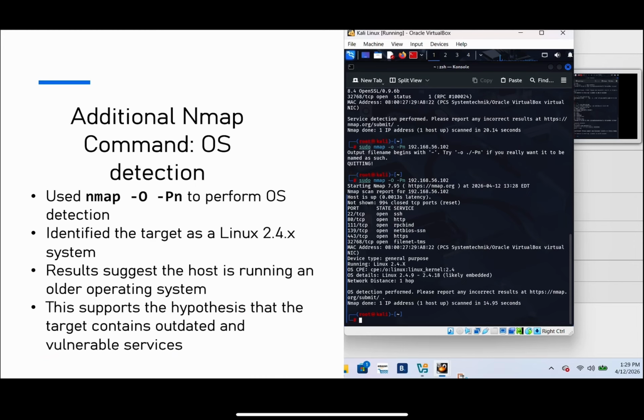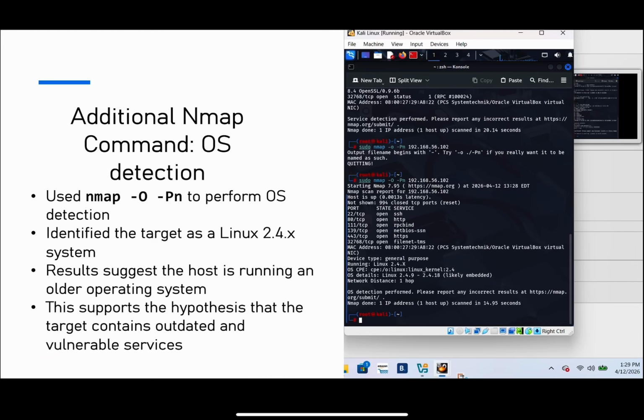Additional Nmap command: OS detection. For the first additional Nmap command, I used OS detection with nmap -O -Pn. This scan suggested that the target was running a Linux 2.4.x operating system, which is very old.